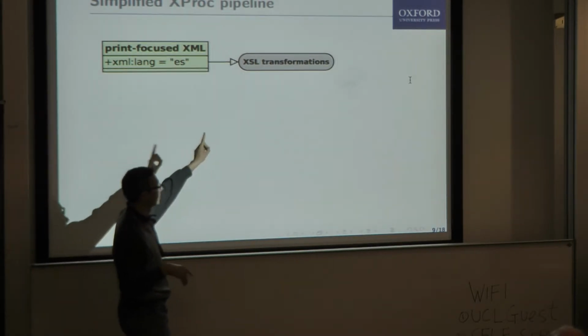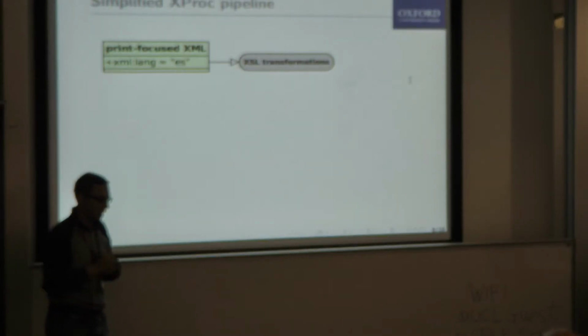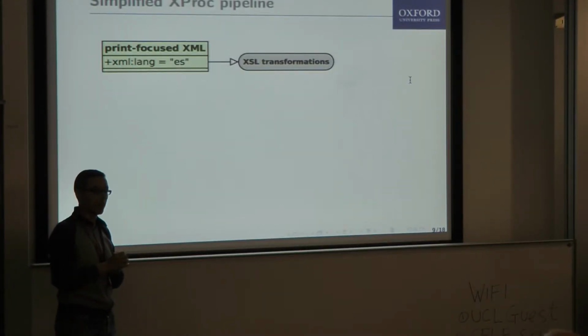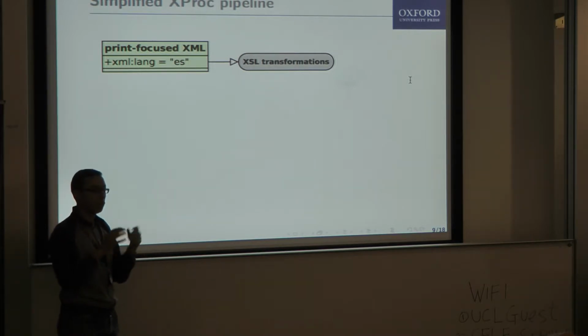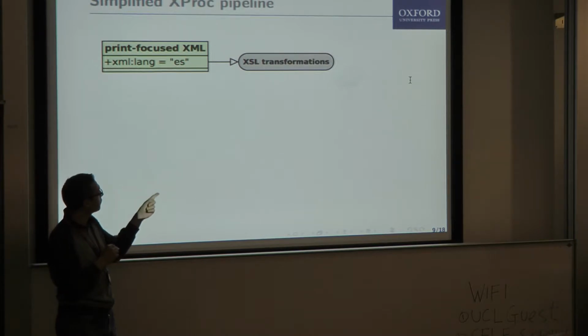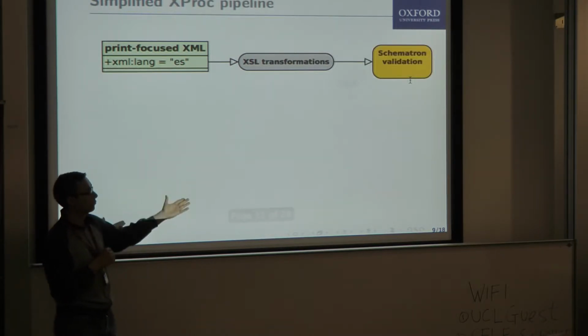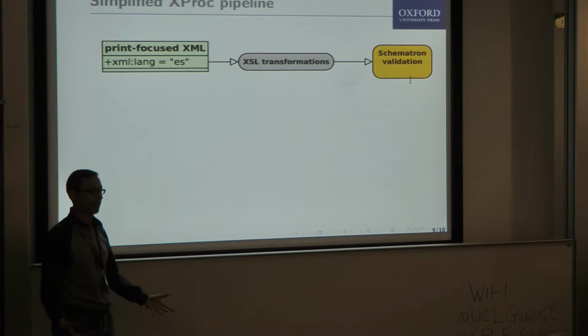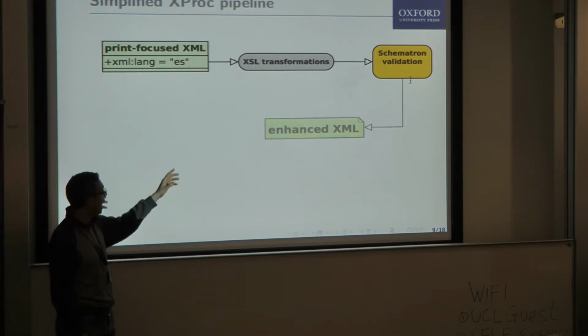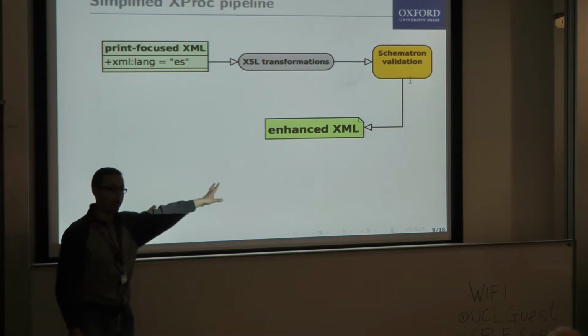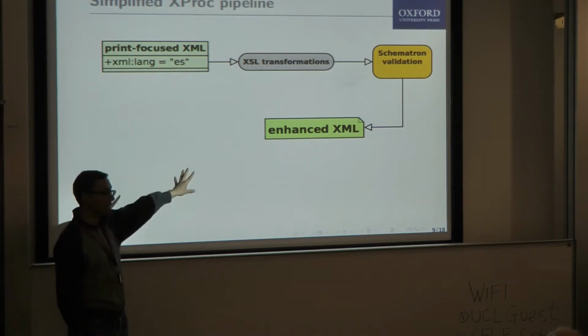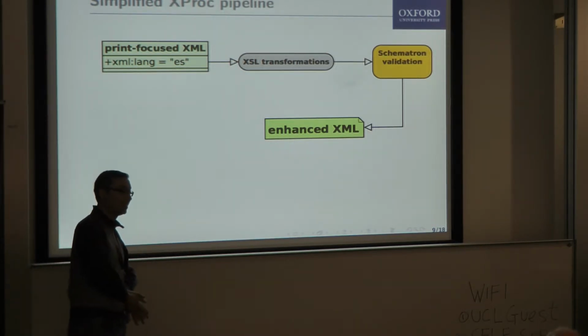What we do at this stage is really the standardization steps that I mentioned before, harmonizing things into one optimal single model. We then apply Schematron validation, just to check that everything is in order. And then we produce an intermediate file. This is still valid according to our old DTD.